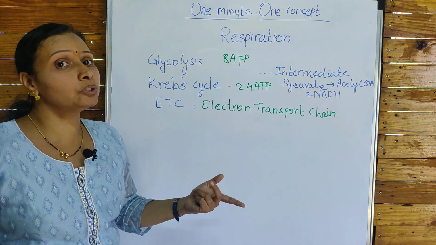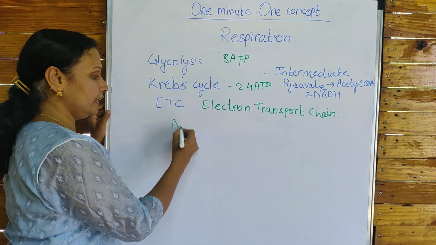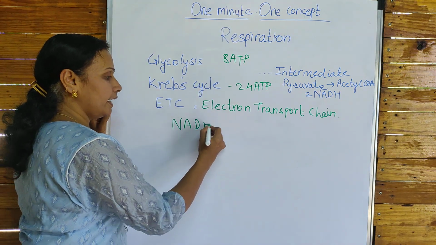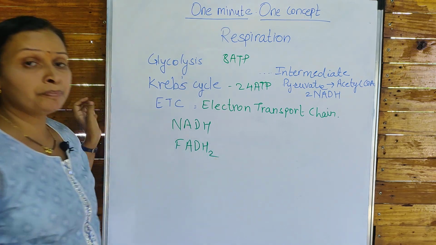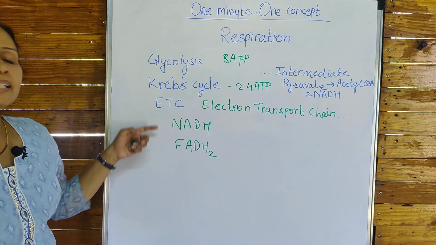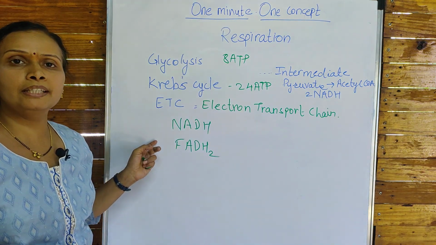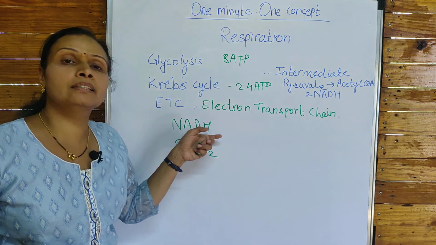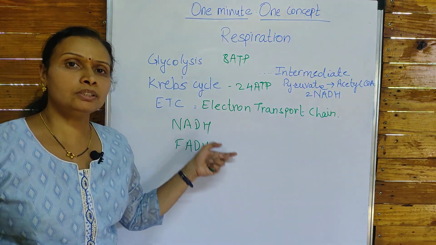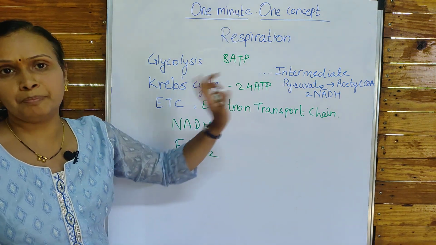What are the indirect sources of ATP? NADH and FADH2. So actual oxidation of NADH and FADH2 takes place. Here NADH and FADH2 are getting oxidized, releasing the ATP.